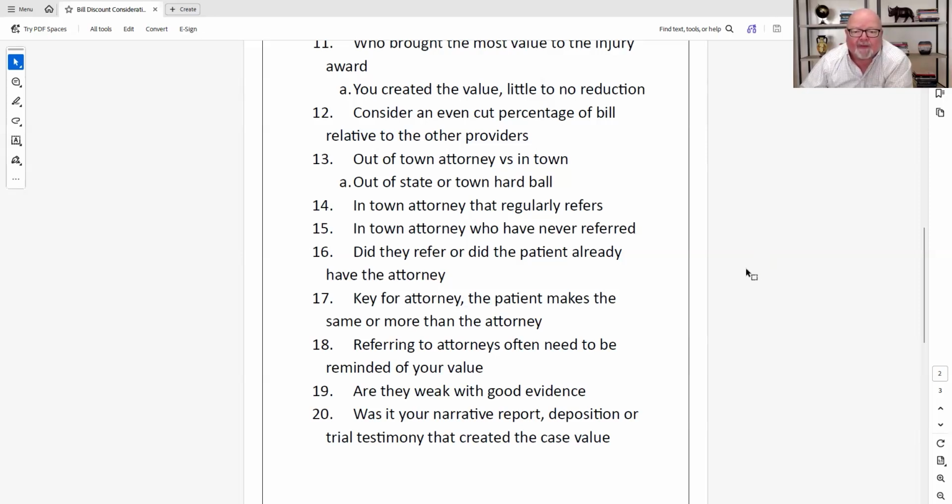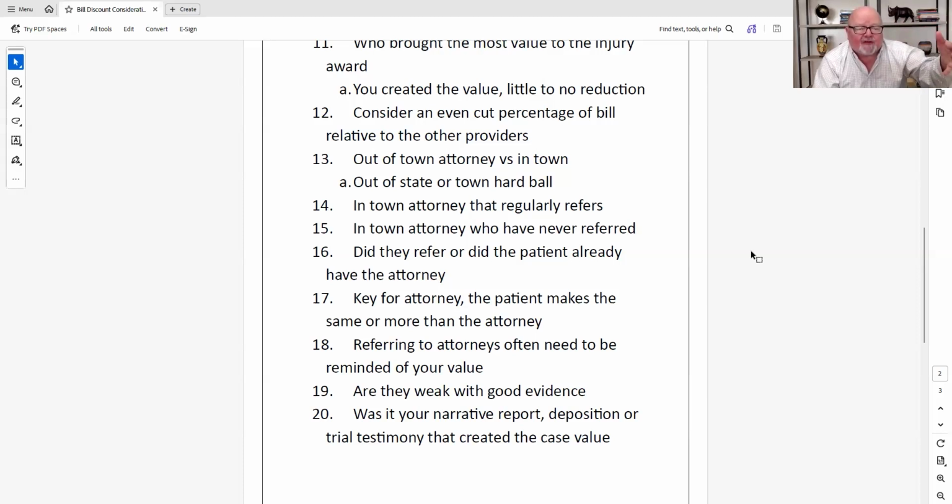Did they refer, or did the patient already have the attorney? Remember what happens with that. If they came in with the attorney, here's the clue: where's the emotional connection? If they weren't a regular patient of yours, they were a new patient, and let's say they weren't referred, and a lot of times even if they were referred, but they already had the attorney, generally speaking the emotional connection is with the attorney, not you. So if they're going to break with somebody, they'll break with you, not the attorney.